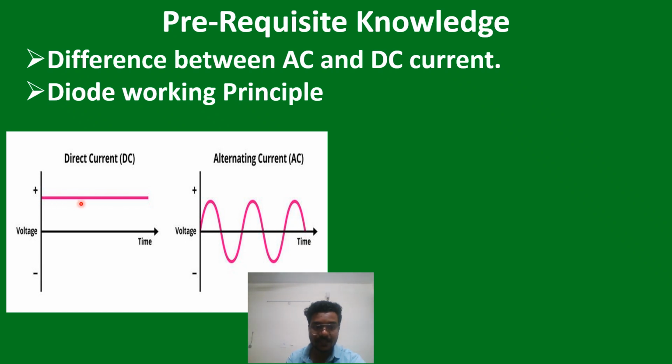For perfect DC, it will remain constant. And for alternating current, we see that as per time, the voltage polarity or the current polarity is getting changed. So we have both positive current and negative current. But in DC, we have unidirectional current.